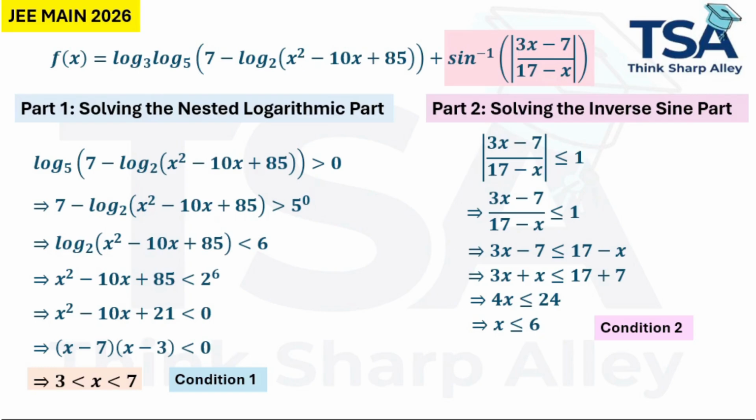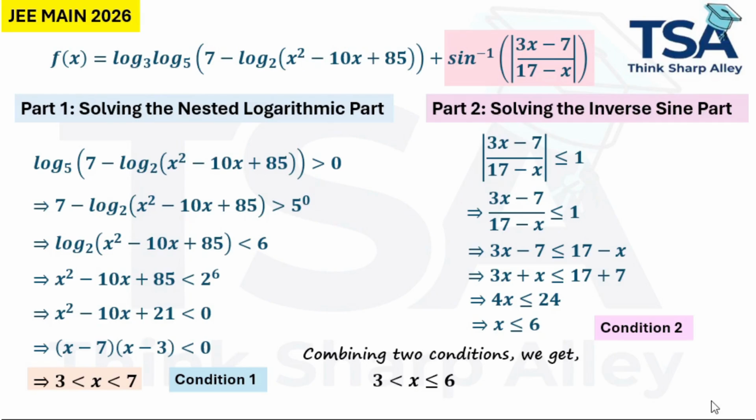Now comes part 3 of this question, where we'll take the intersection of both condition 1 and condition 2. So combining both the conditions, we get x is between 3 and 6, because clearly x is less than or equal to 6 and 6 is already less than 7. So the common portion over here is 3 to 6.